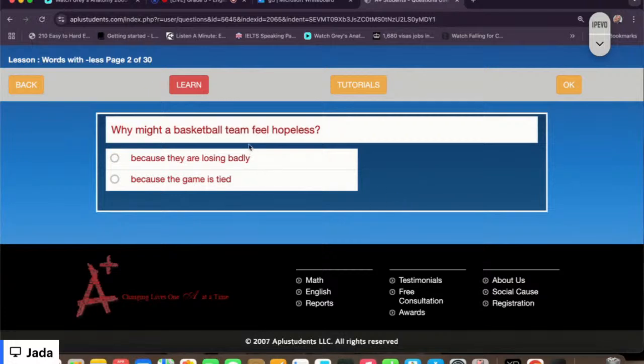Now, why might a basketball team feel hopeless? Because they're losing badly or because the game is tied? Which of them will make a basketball team feel hopeless?